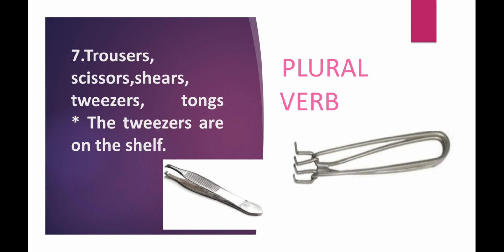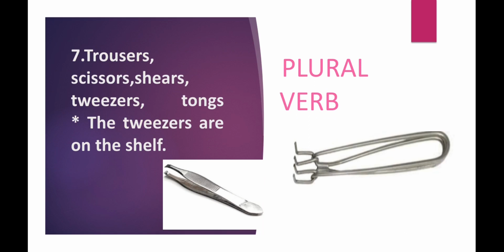Point number 7. Nouns such as trousers, scissors, shears, tweezers, tongs, and so on. You should use a plural verb because these things have two parts, right?